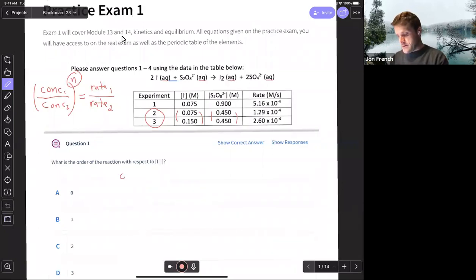For iodine, 0.150 divided by 0.075. I always like to divide the higher concentration by the smaller concentration so that we're staying with whole numbers. So I'm going to divide the corresponding rate, 2.6 times 10 to the minus 4 over 1.29 times 10 to the minus 4.